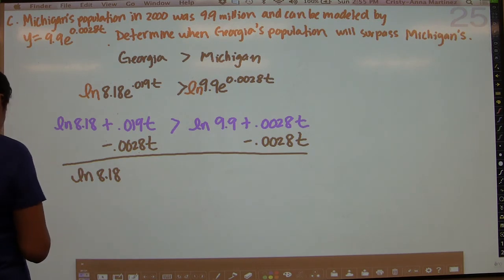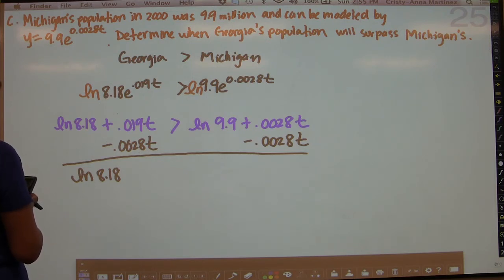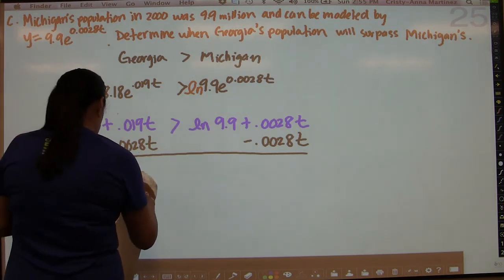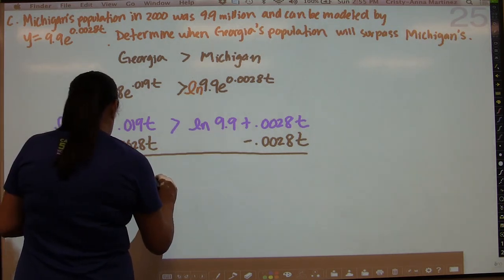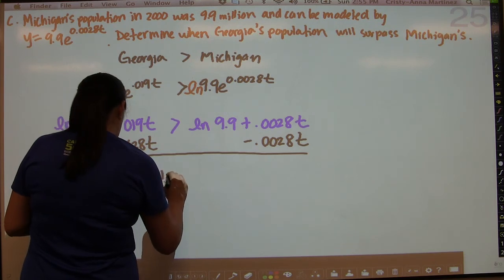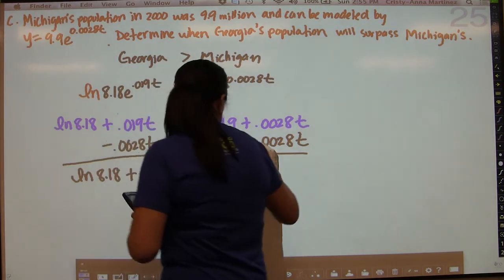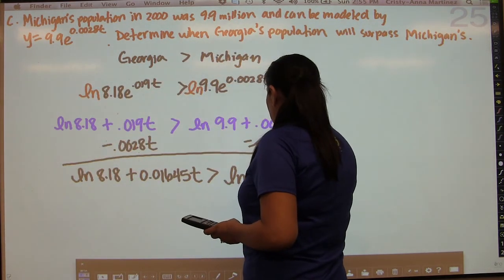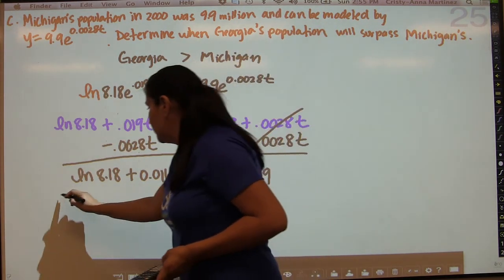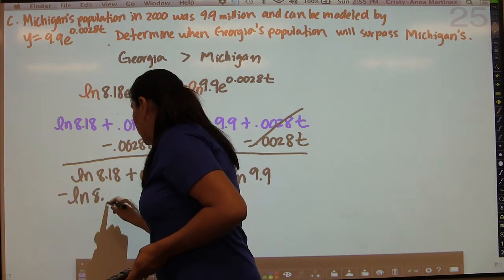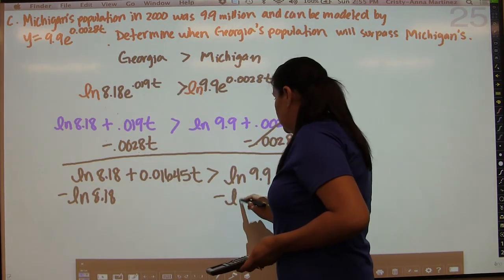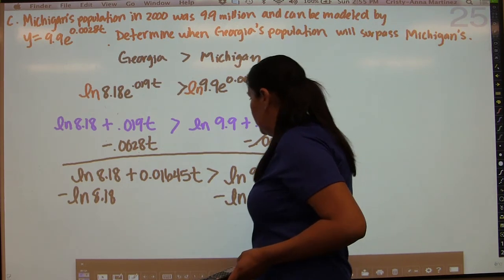And then we're going to see here 0.01925 minus 0.0028 is 0.01645t greater than, these are obviously going to cancel, so ln 9.9. Now we want to move this ln 8.18 to the other side, minus ln 8.18 on this side.